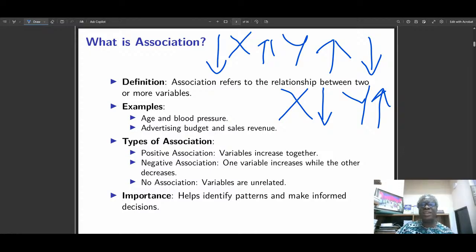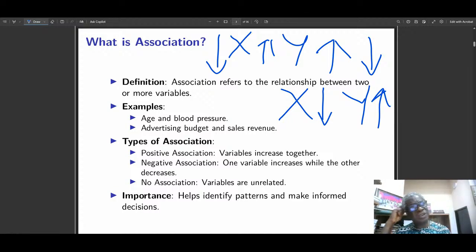Here we say the association is negative. They move in opposite directions, not in the same direction.